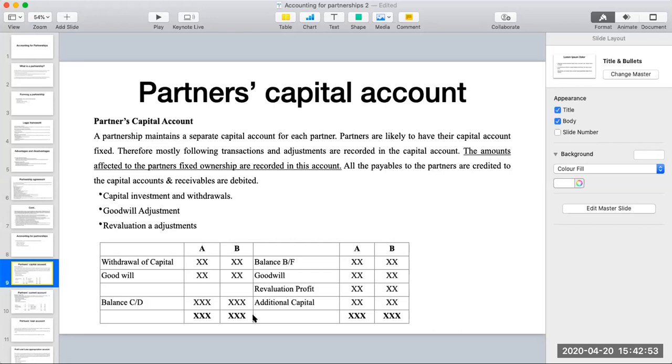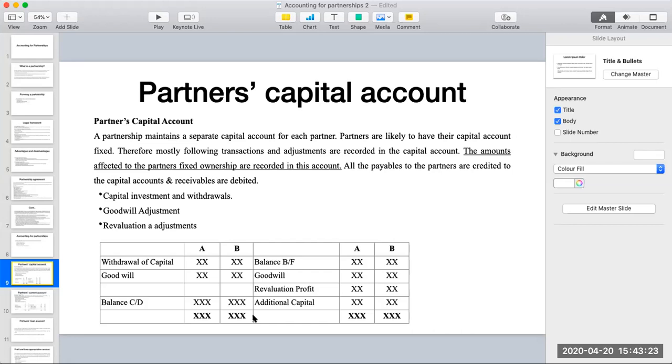There are certain adjustments that are done to the partners' capital account. If the partners are making any additional capital, that will again be credited to the capital account. And if there are any goodwill adjustments, that can be credited or debited. And the revaluation also comes to the capital account.